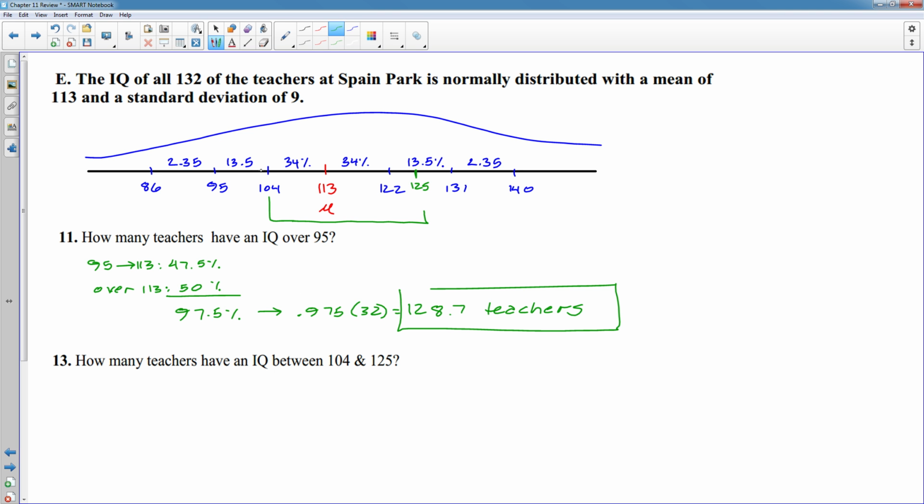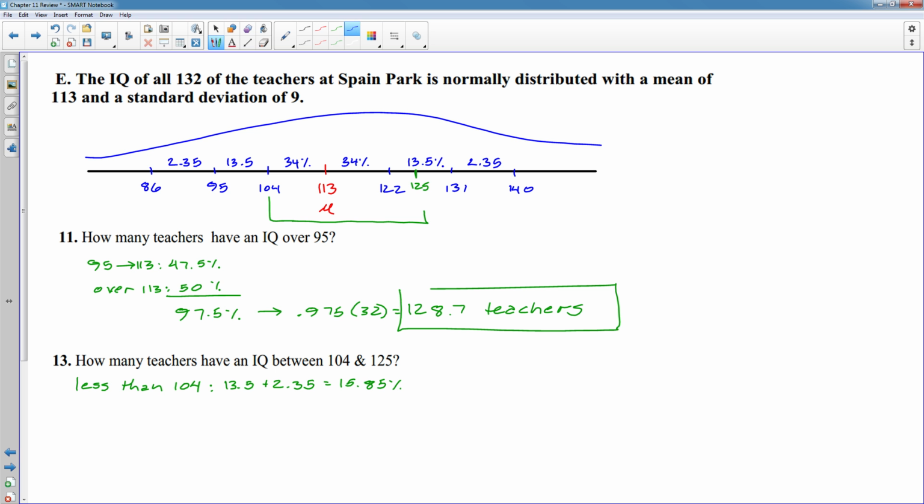The number of teachers who have less than 104, I'm going to simply add the percentages to the left of 104, so 13.5 plus 2.35. And 13.5 plus 2.35 is 15.85. So 15.85% of the teachers have an IQ less than 104.